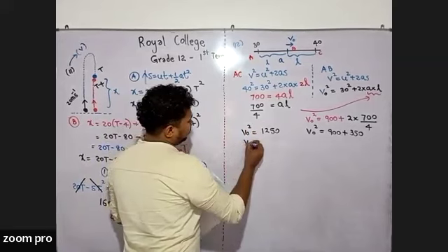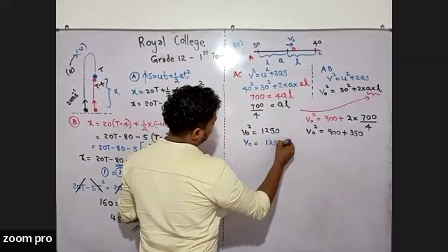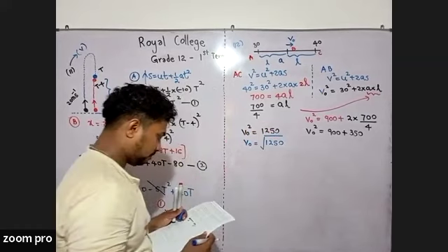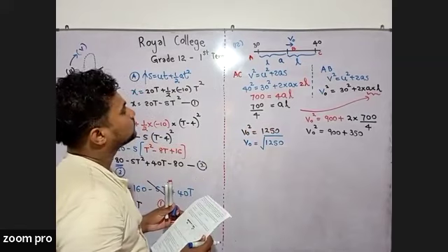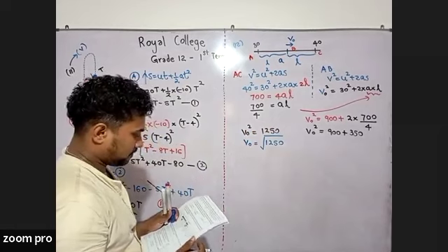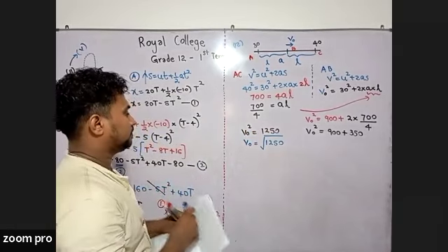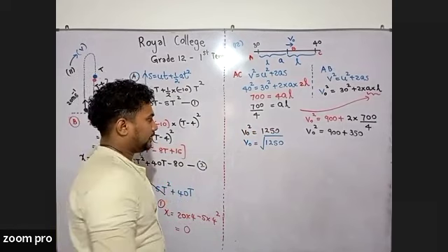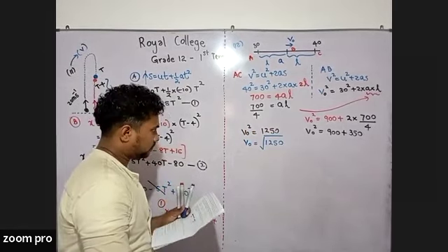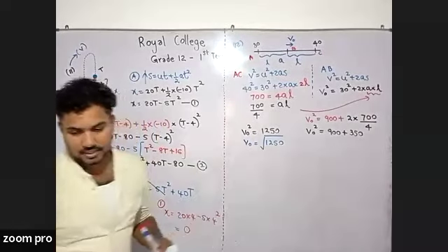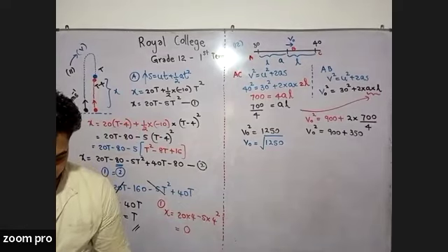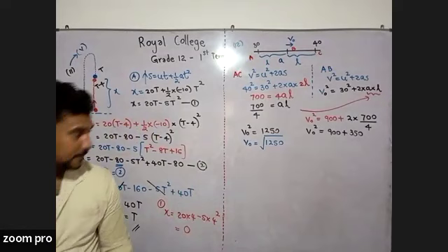Then V naught equals the square root of 1250, and we need to find the relevant value for this one, right?